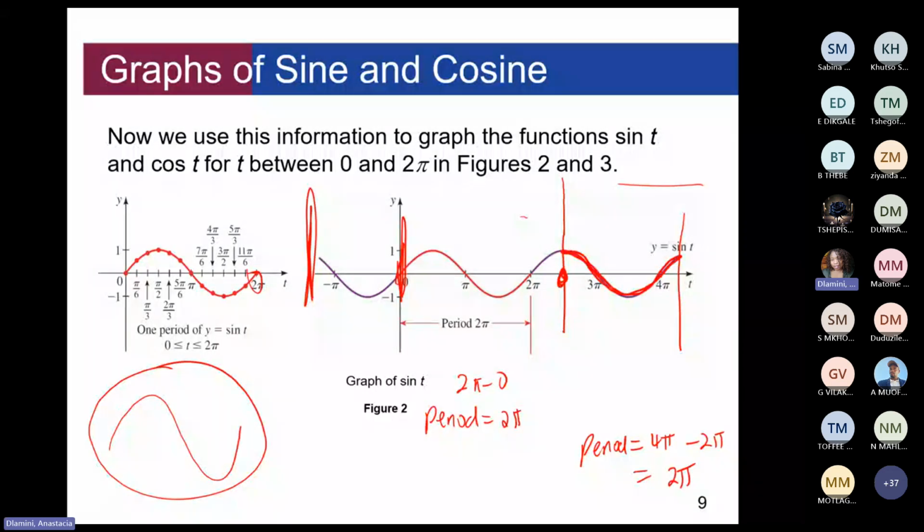Even if I cut here and here, this is a complete period of a cos. So if you are given a graph, you can have either a sine function equation or a cos equation in one graph, depending on where you cut. So check which points you are given. That's why the assignment says that, ooh, Lord.